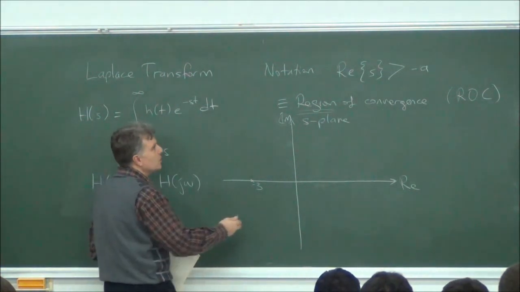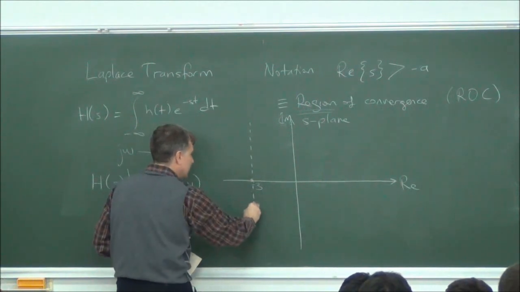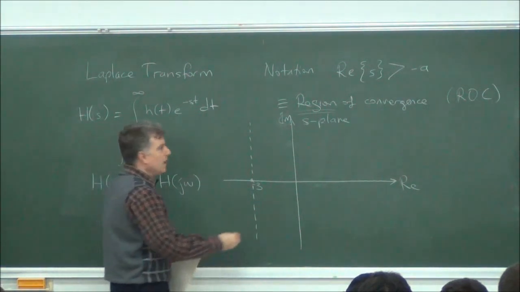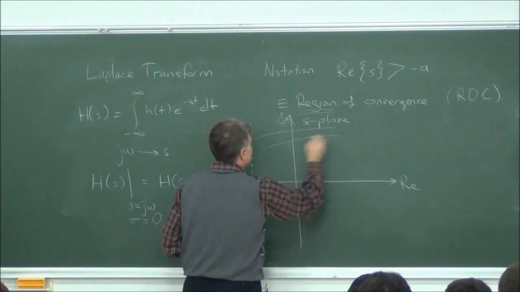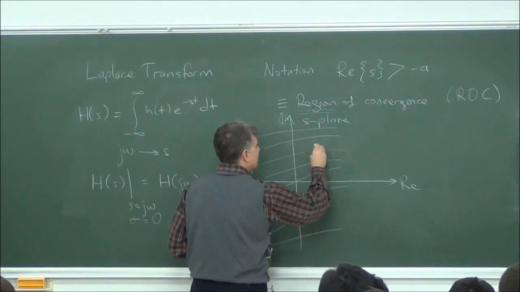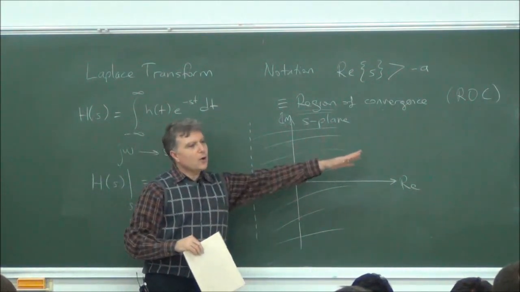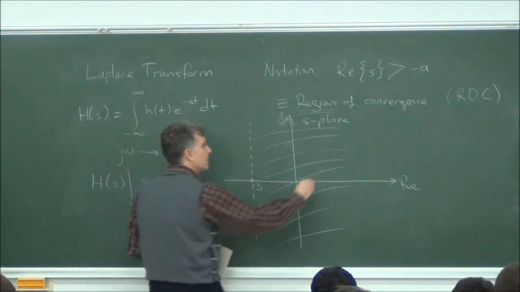We didn't put any constraints on the imaginary part, so that will be a vertical boundary, and since it is greater than that, it is to the right hand side of that boundary. And this, starting from minus 3 going all the way to plus infinity, is the region of convergence.